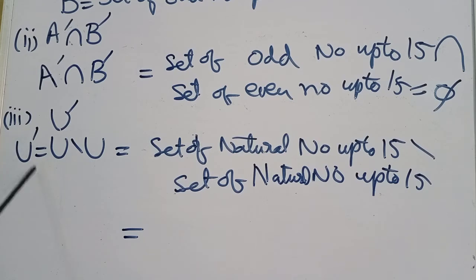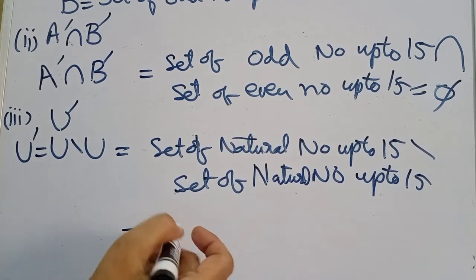In this complement set, we have only elements of universal set which are not in this set, but we observe here the situation, both sets are equal and no elements exceed or are other than this set in U. So the resultant set is empty, phi.